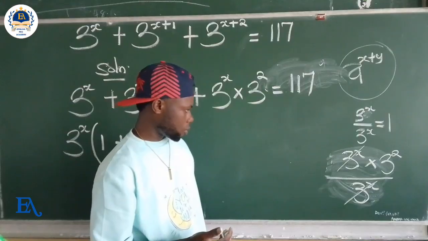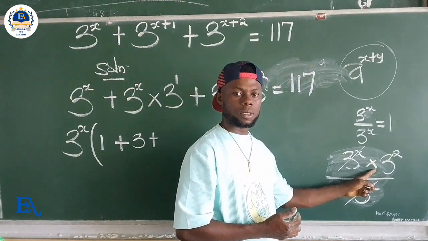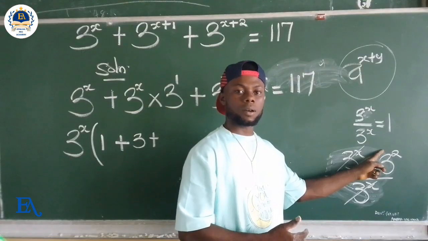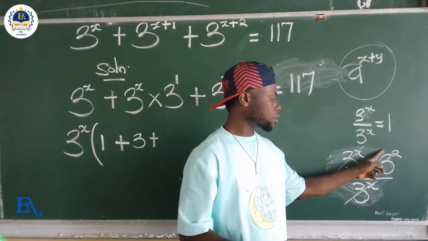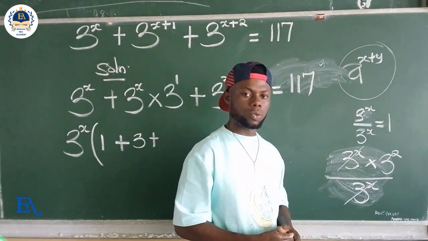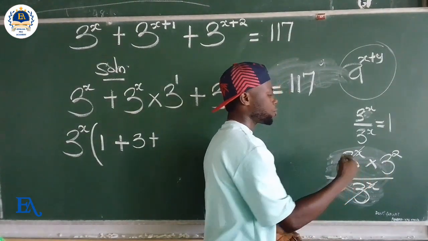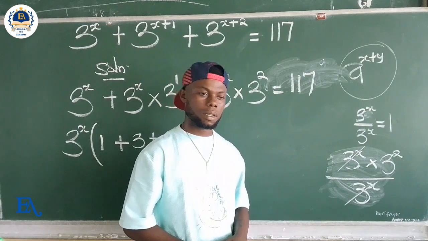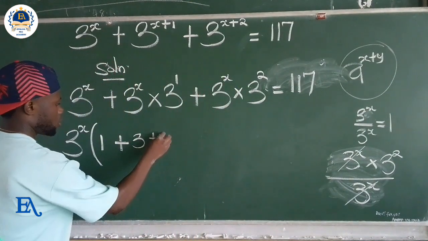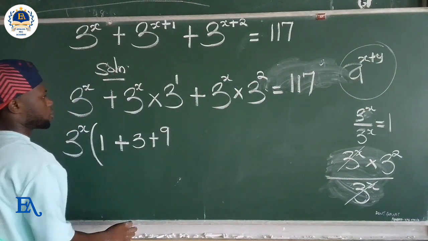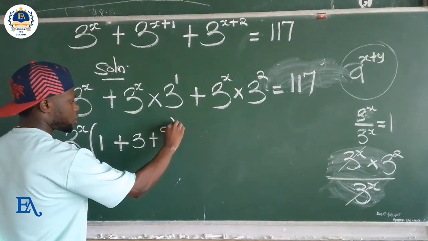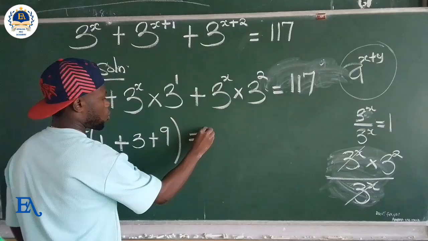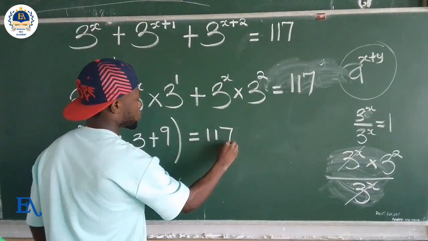When you cancel out, I'm going to be left with 3 raised power of 2. And 3 raised power of 2 gives 9. How did we get 9? 3 raised power of 2 means 3 times 3, and 3 times 3 is equal to 9. This is 9. Then bracket close, which is equal to 117.